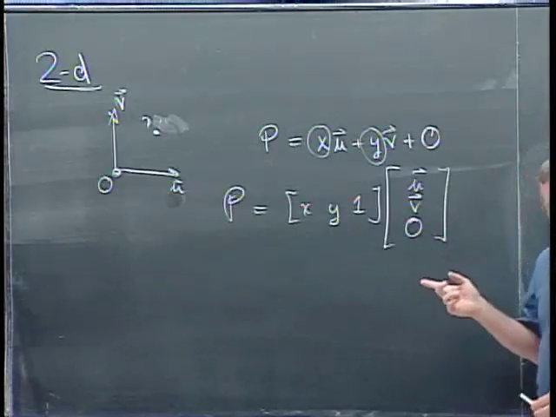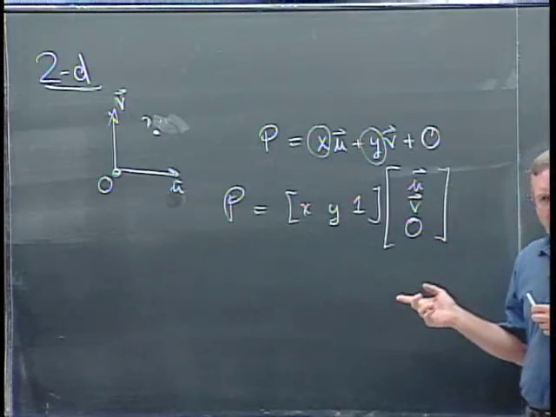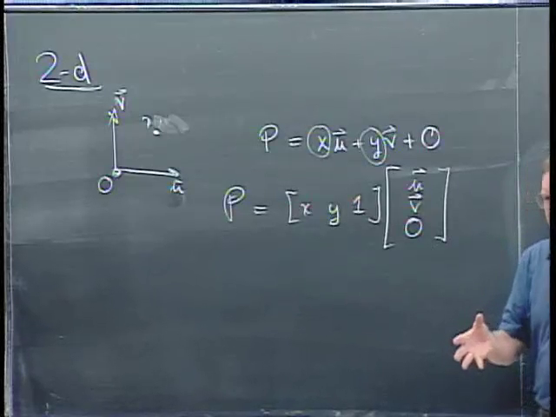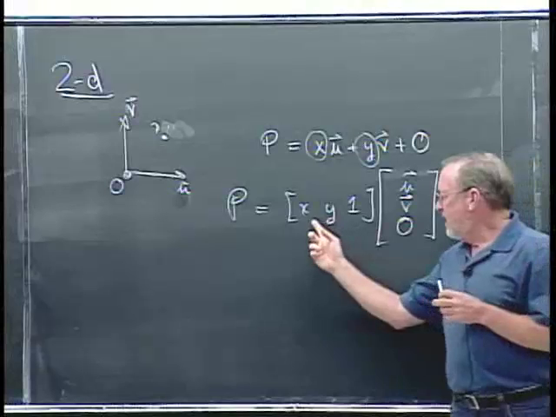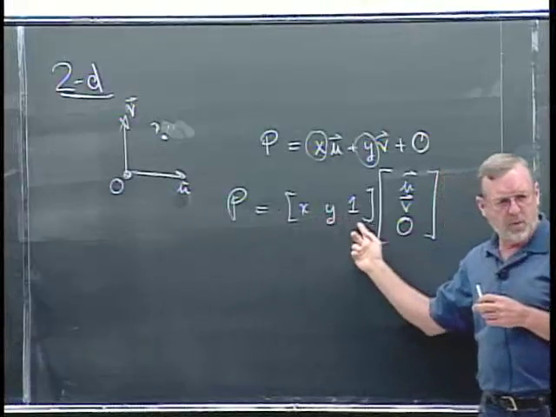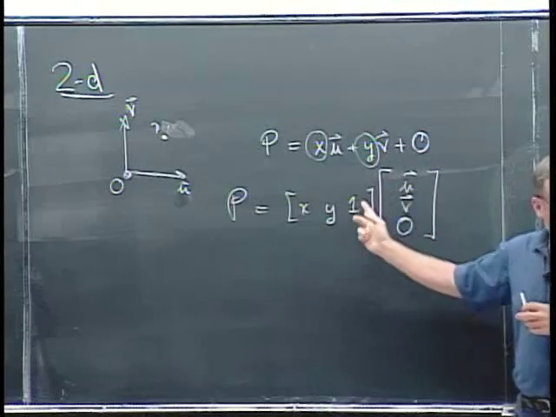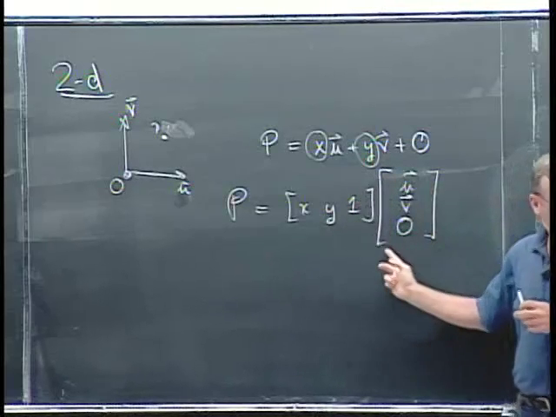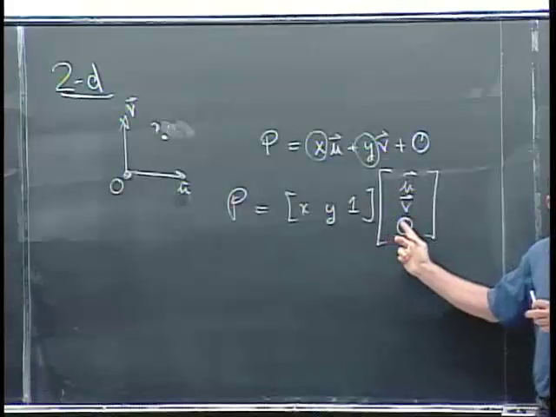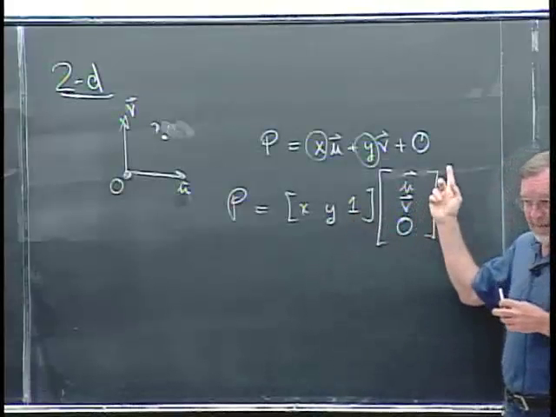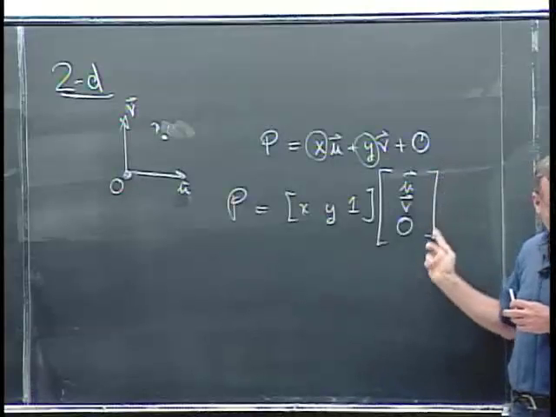And what most people say when they first look at computer graphics books is, you're writing a point P as x, y, but it's always got this 1 in there. Why is that 1 there? Well, the 1 is there because it picks up the O, the origin.